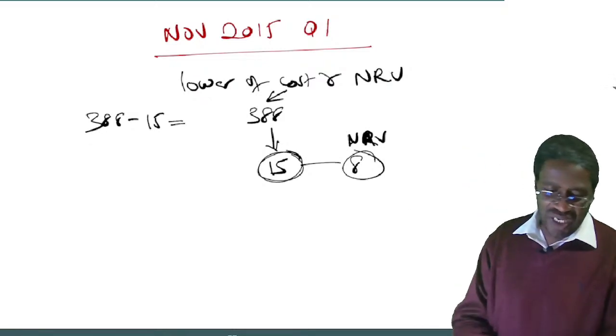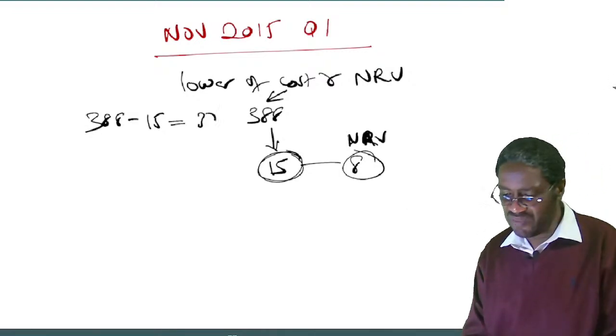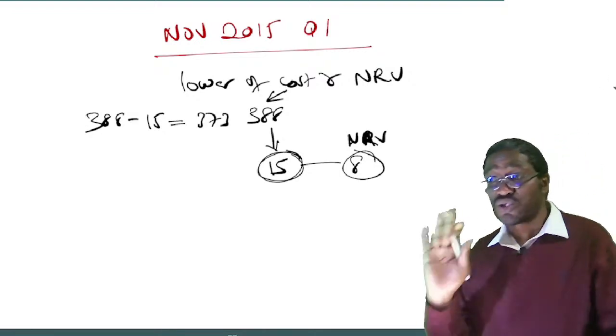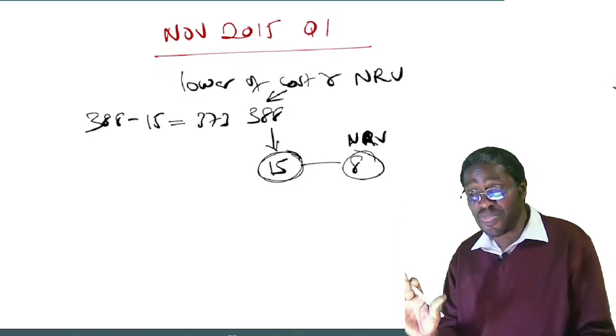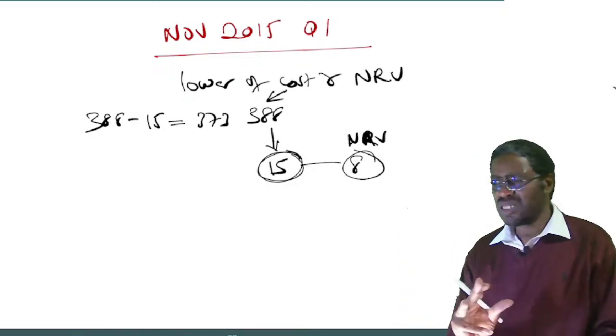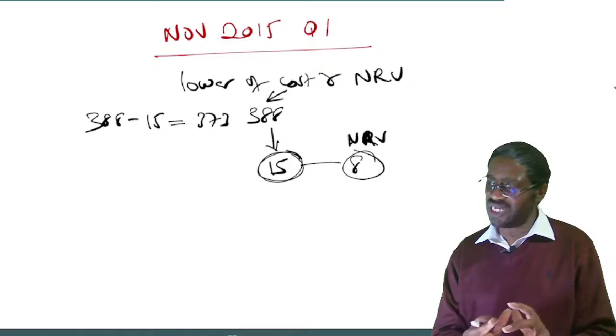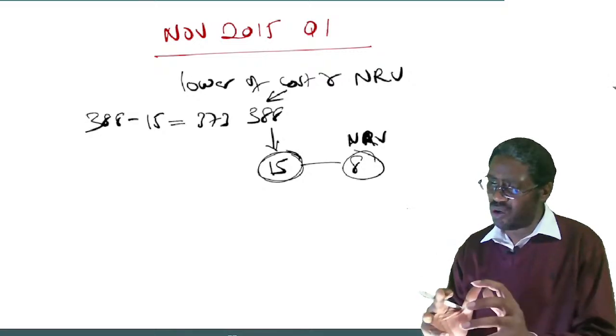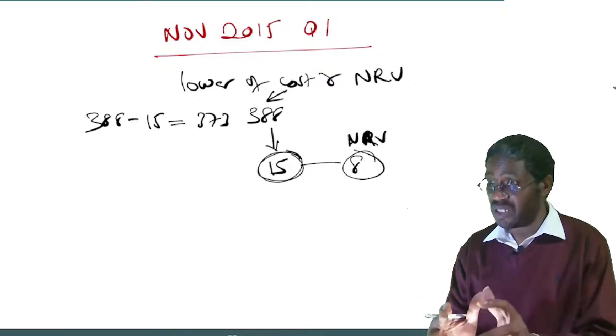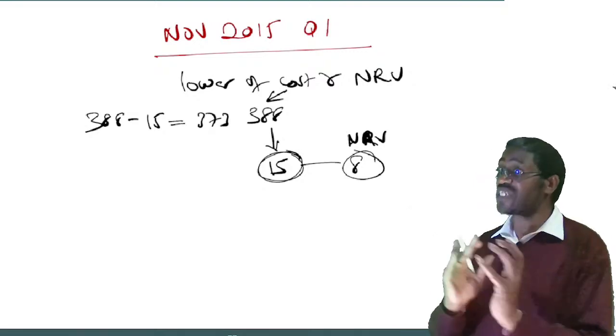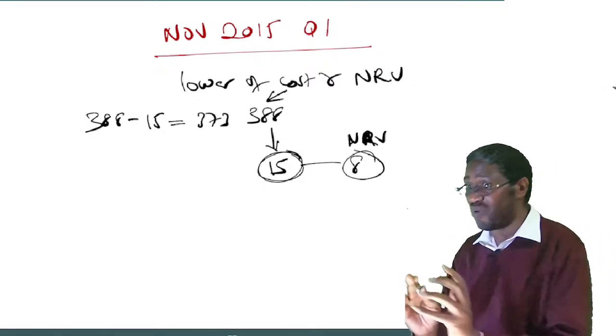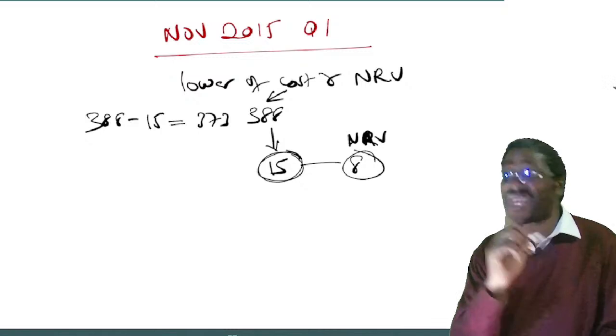If I minus 15, that would leave me with 373 to be the stock without an issue. Then I come and say, there is another bunch of stock which has an issue. That bunch of stock costed 15, but because it has not been sold and it has a realizable value of 8, now you value it at 8.